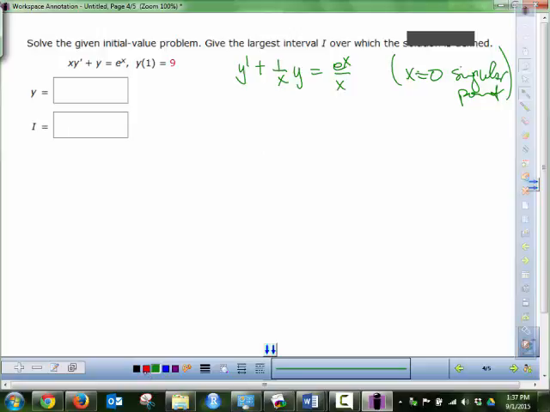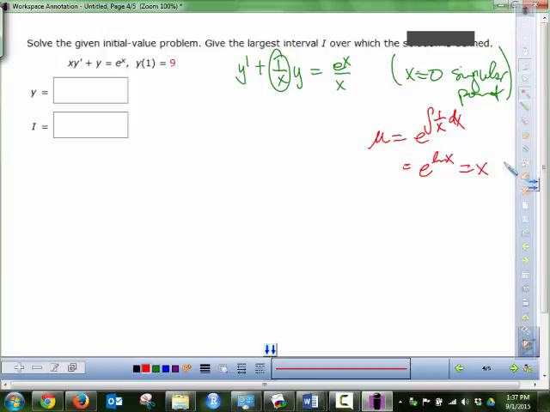So this is my p of x, and so I know that my integrating factor is going to be e raised to the integral of 1 over x dx, which is what? Ln x, right? So e to the ln x, which is just going to give us x.